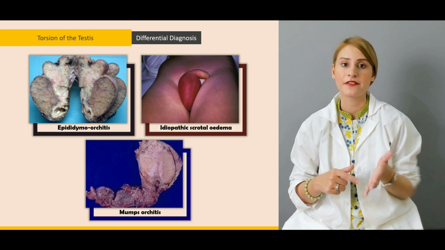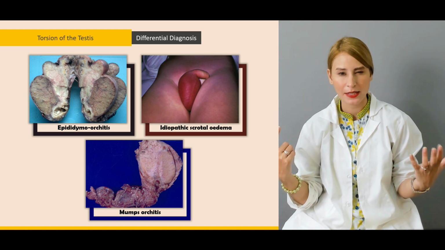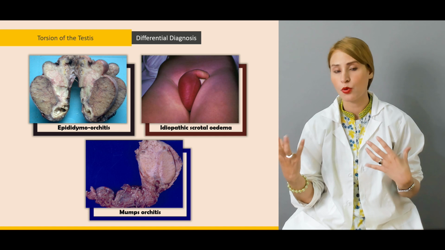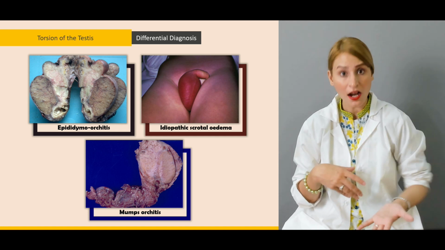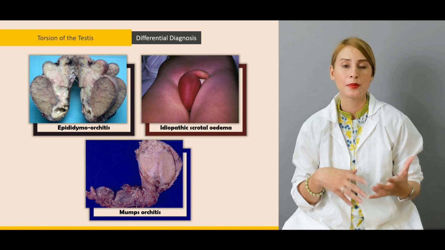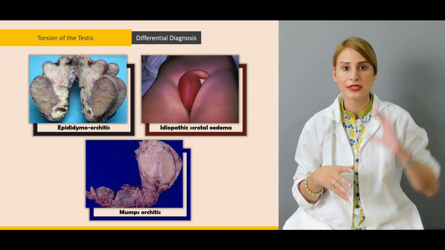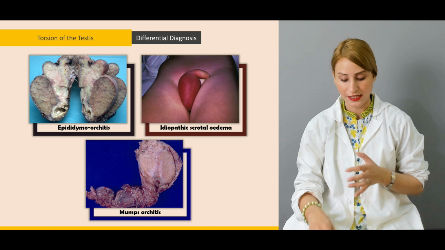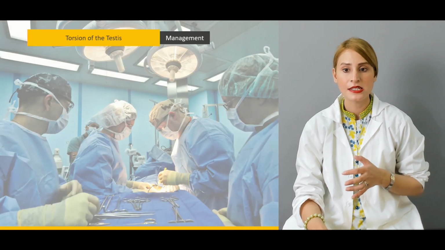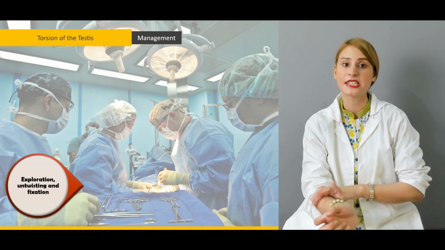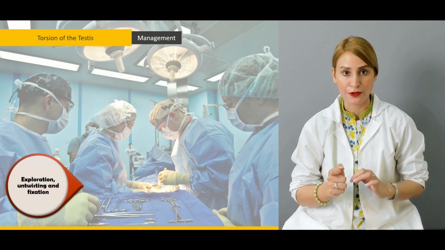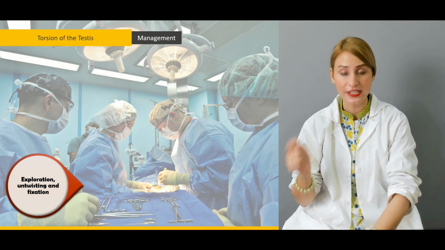If you can get above the swelling, you will particularly think about the torsion, epididymoorchitis, hydrocele or the varicocele. And if you cannot get above the swelling, you will think about the hernia, the indirect inguinal hernia.